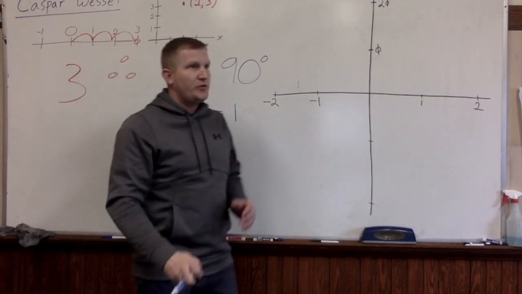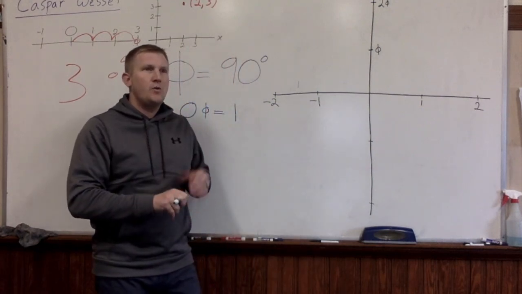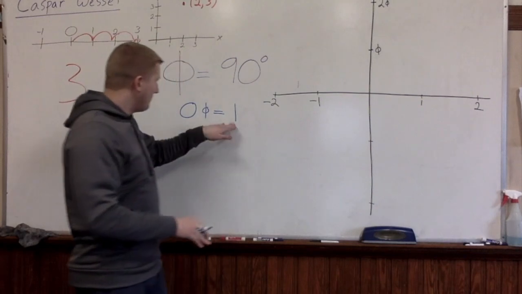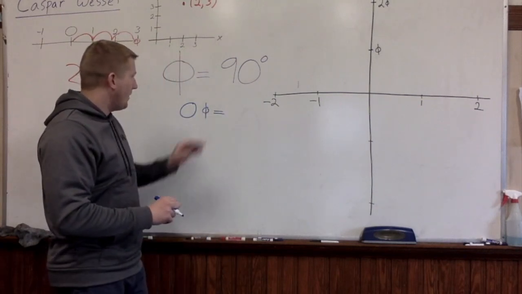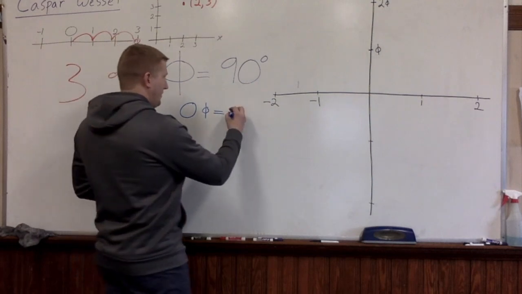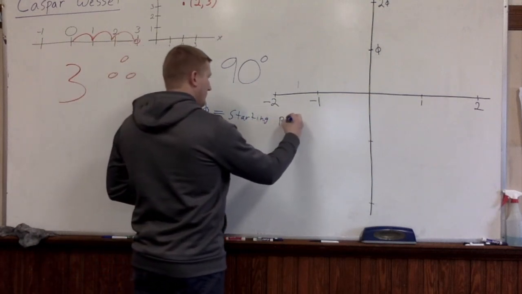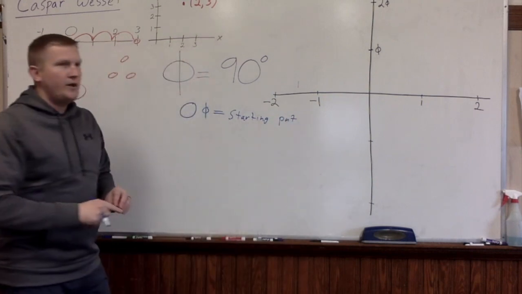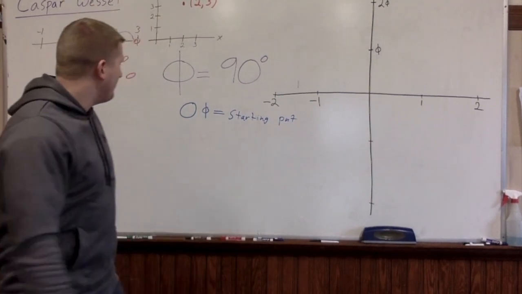For right now, I'm going to be focused more on direction rather than distance, so maybe I should just ignore this for right now. And we're just going to call this kind of our starting point.